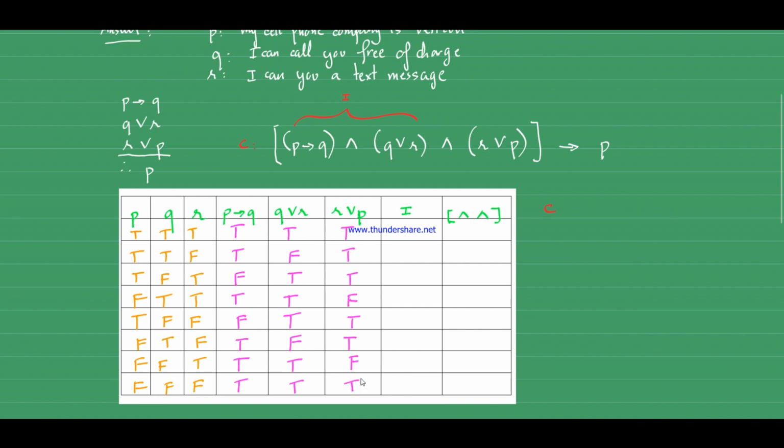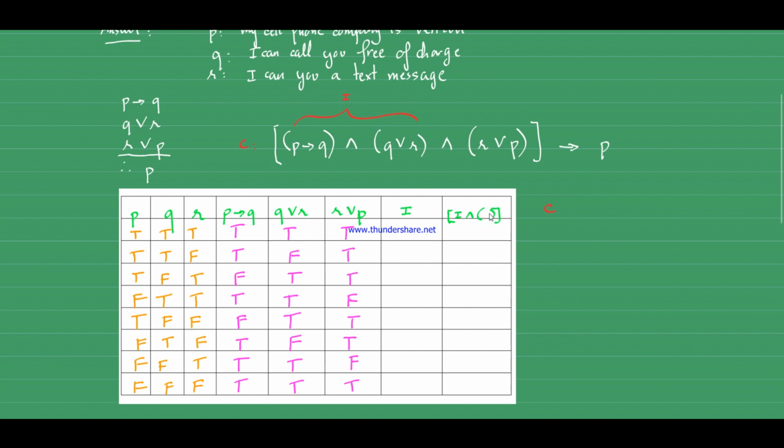Okay, then we do I. Oh sorry, this is between I. This one is the whole bracket, so it's between I and the parenthesis.